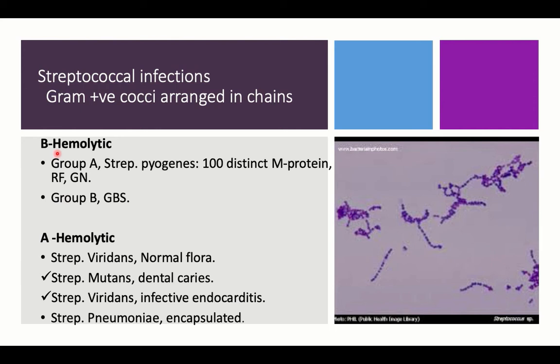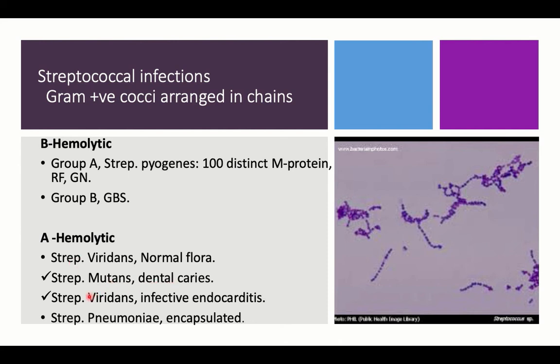Group B beta hemolytic streptococci or GBS is the most important organism during the neonatal period, presenting with congenital pneumonia, neonatal sepsis, neonatal meningitis, and so on. Alpha hemolytic streptococci include Streptococcus viridans, which is normal flora.